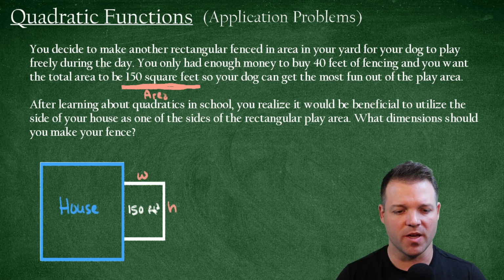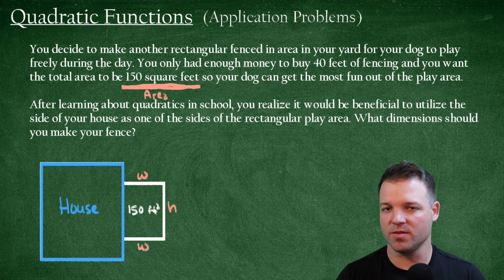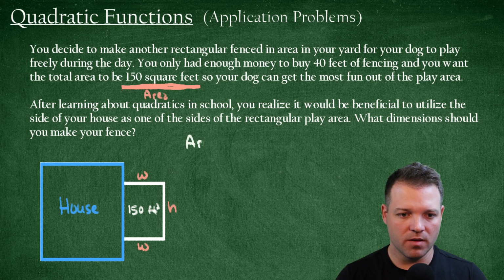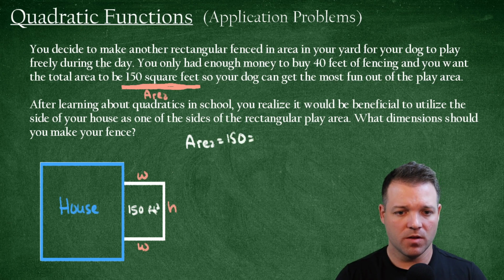Now, I do know that if this width is W up here, then the width is also W down here. So let's start listing some of these things. We know the area is equal to 150, which is equal to width times height.